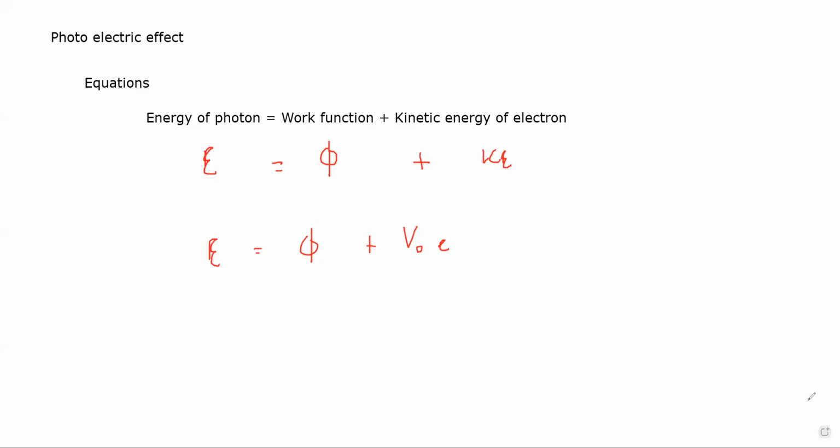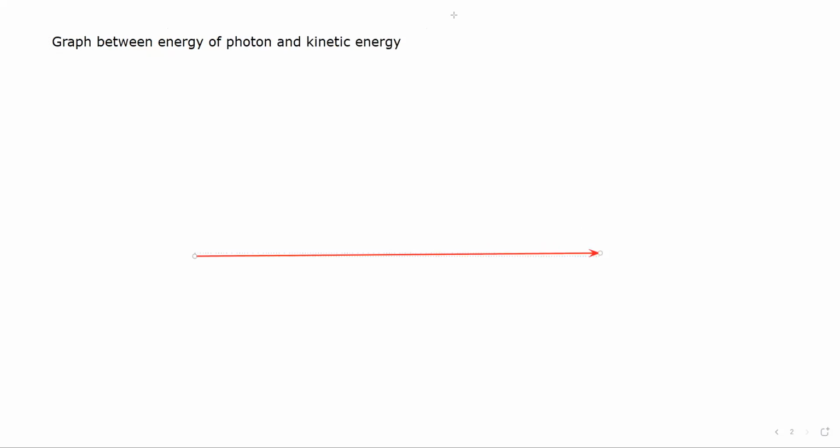If we sketch a graph between the energy of the photon and the kinetic energy, on the x-axis I take the energy of the incident photon, and on the y-axis I take the values for kinetic energy.